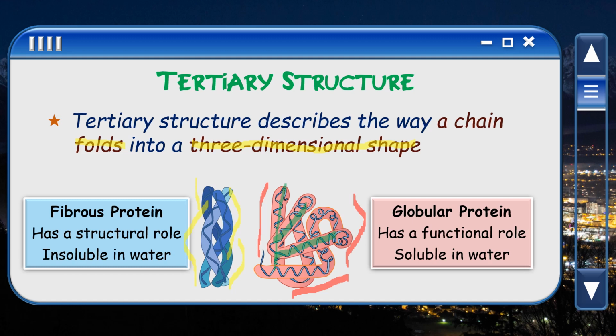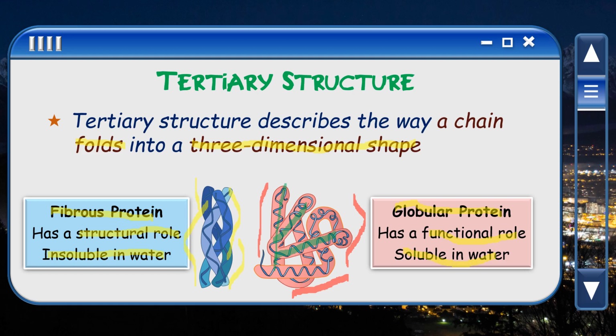So we can have this one, which has a structural role and is insoluble in water. This is the fibrous protein. The fibrous protein has a structural role because it is insoluble in water. Then we have a globular protein. The globular protein is the one which is coiling around, and it has a functional role because it is soluble in water.